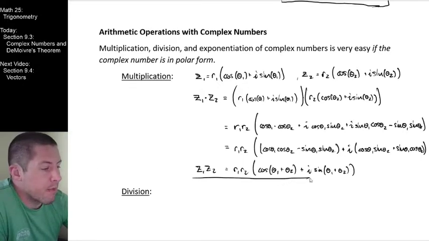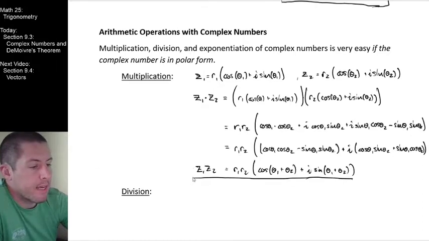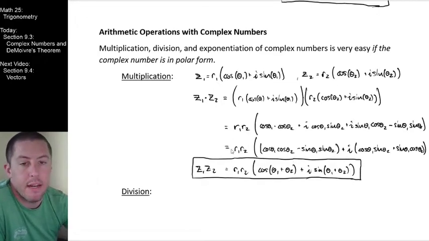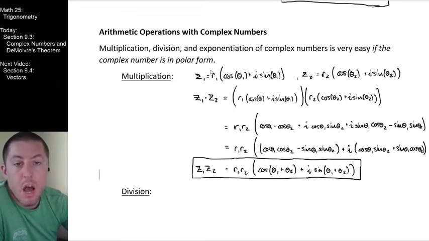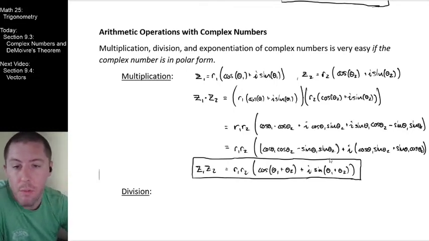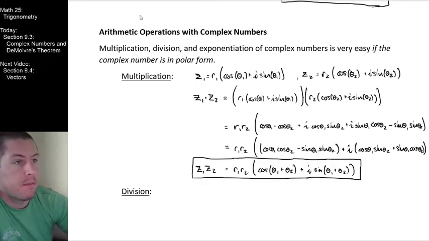Notice that when we multiply together two complex numbers in polar form, meaning we have identified the radius and the angle required to get to that location in the complex plane, all we do is multiply together their r values, and we add the angles. And that's it, we're done. That's how we do multiplication in polar form with complex numbers. Multiply the radii, add the angles.